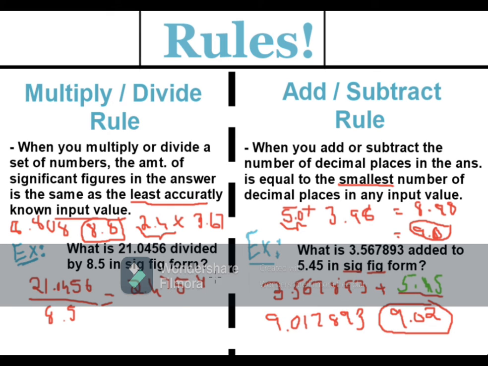Let's just make it like that, since it's a really big answer. Now to make that in significant figure form, you have to get the least accurate, which is 8.5, the number with fewer significant figures. So you have two significant figures, since 8.5 has two, which makes it 2.5. Since 7 is greater than 5, the 4 turns into a 5. So the answer is 2.5.